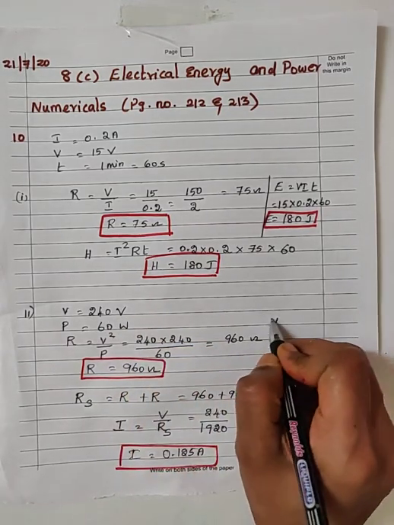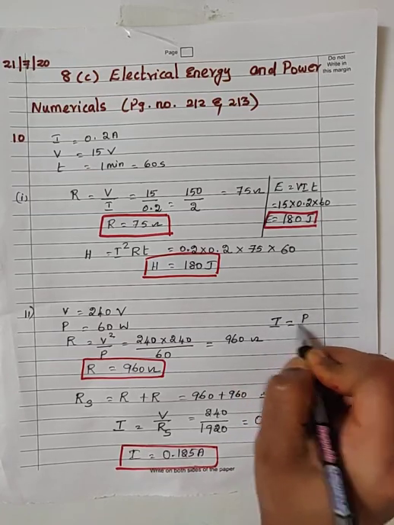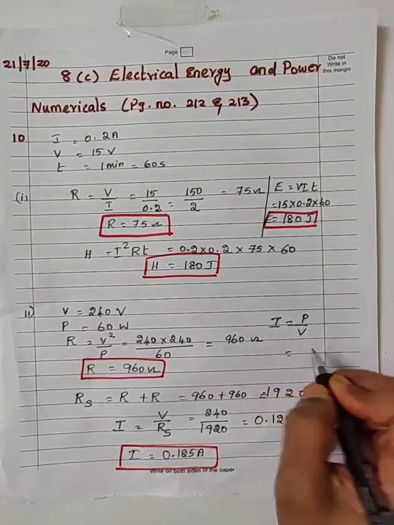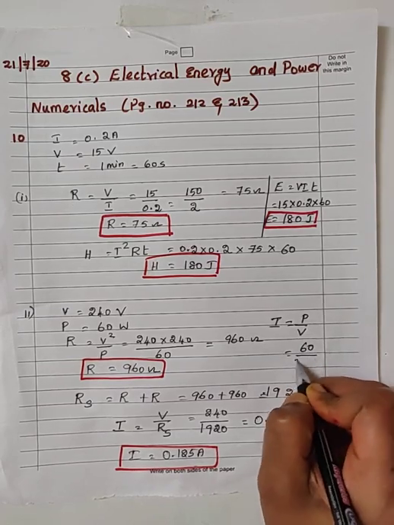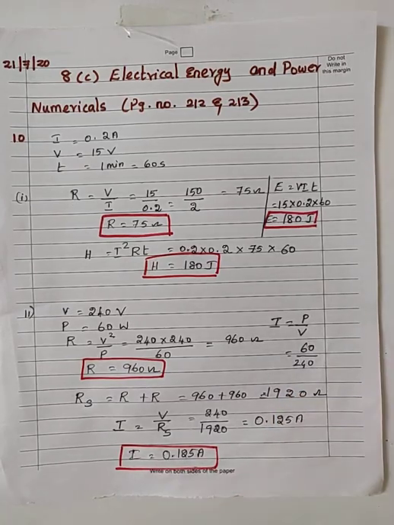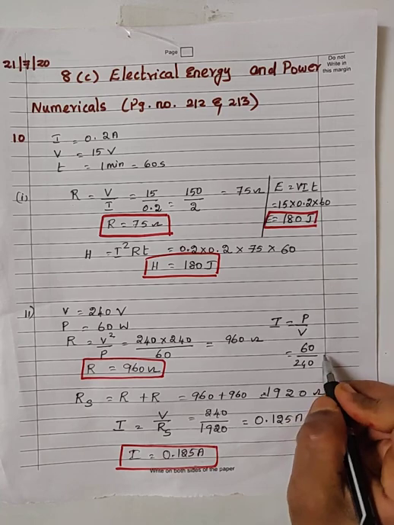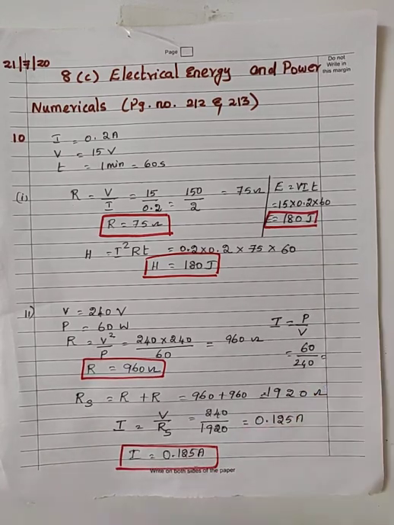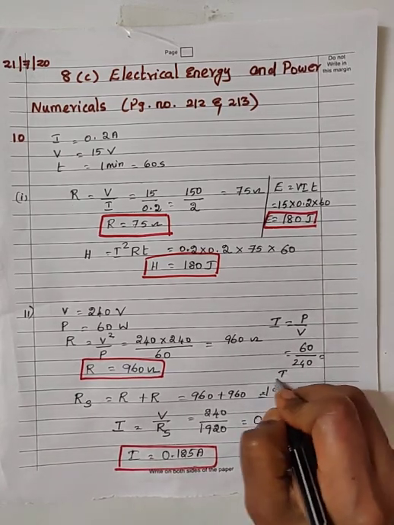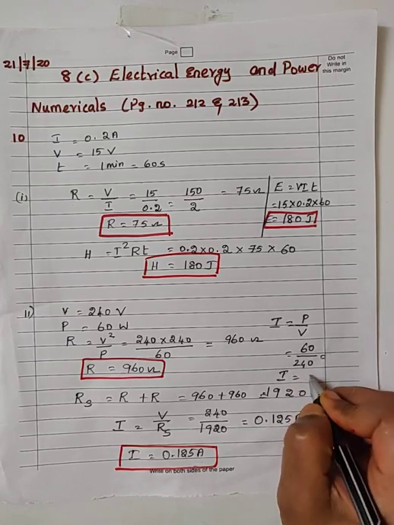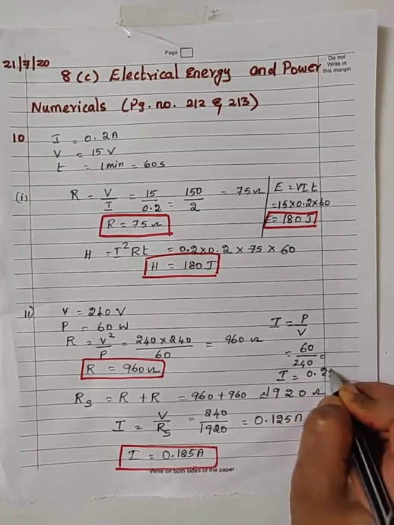What is the current required by the bulb? I is equal to P by V. So P is given as 60, V is given as 240. On simplification, you will be getting current I is equal to 60 by 240 is equal to 0.25 ampere.